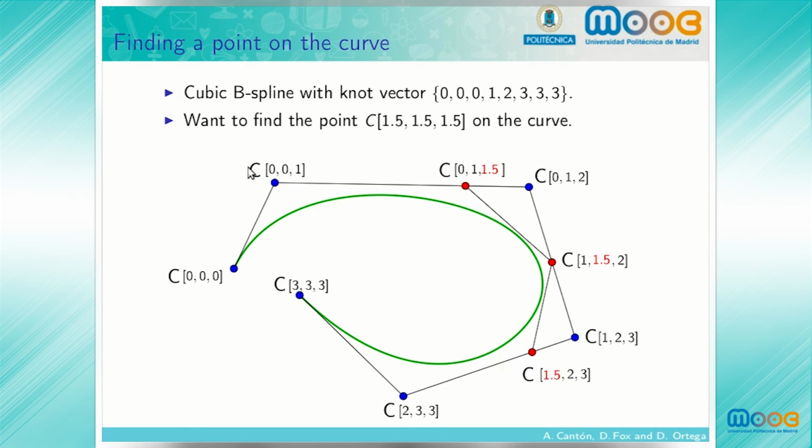The first point lies on the line segment defined by these 2 points, the second point on the line segment defined by these 2 points, and finally the third point on the line segment defined by these 2 points, in the proportions given by the ratios 1.5 between 0 and 2, and so on, as we saw before. In the second stage, we get 2 points, lying on the line segments defined by these 2 points, and these 2 points. And the last point, in the third stage of the de Boor algorithm, is a point on the line segment defined by these 2 points, which is a point on the curve.